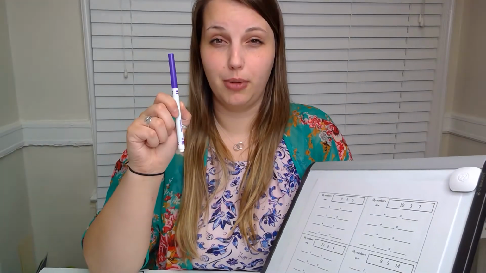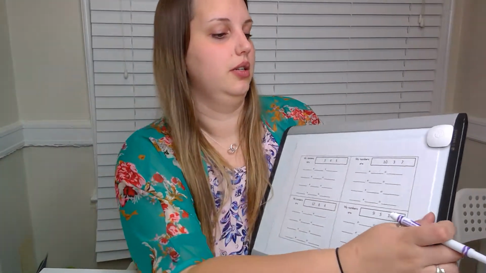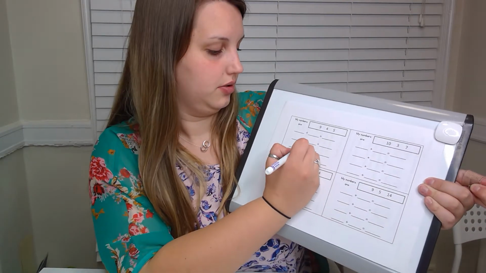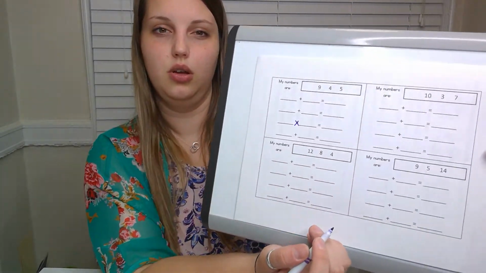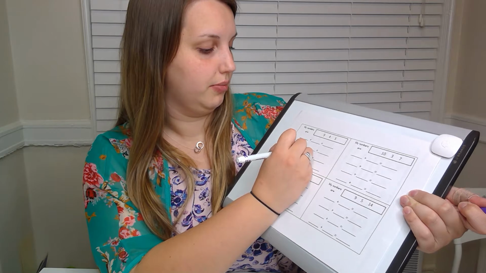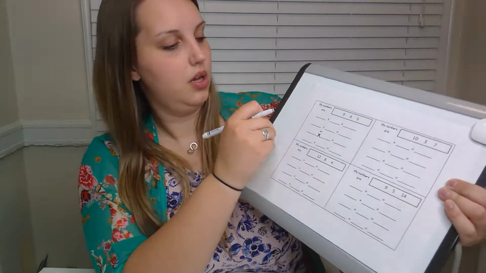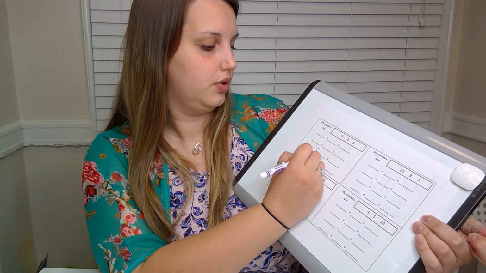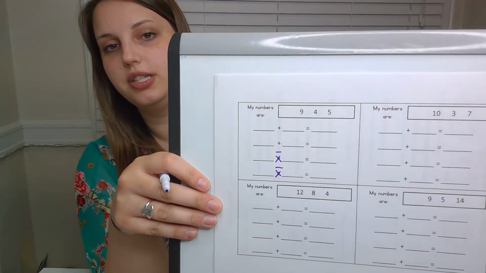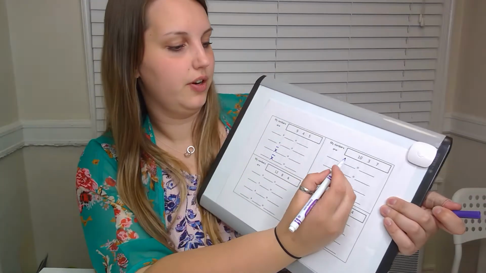So we're going to take our purple math symbol marker and we are going to put an X over our math symbols and write a subtraction sign. X, subtraction sign. Same thing over here.